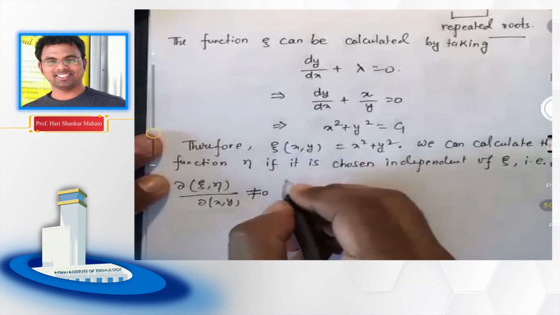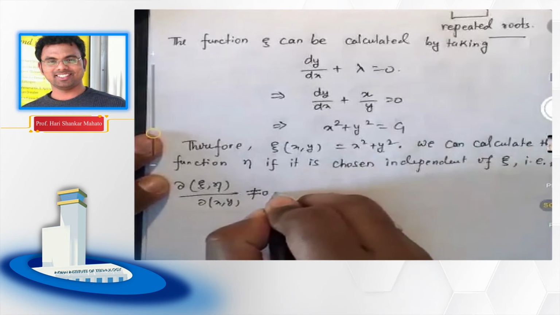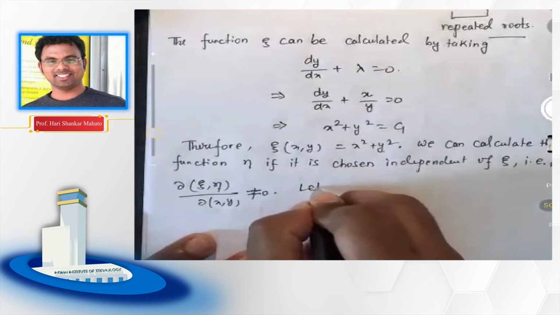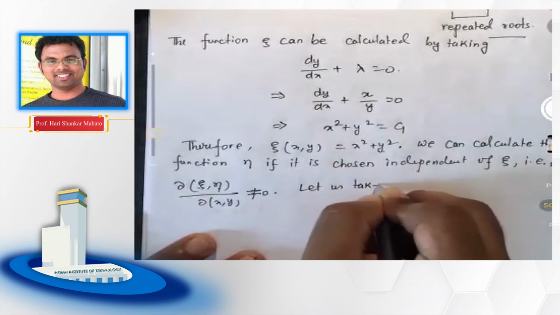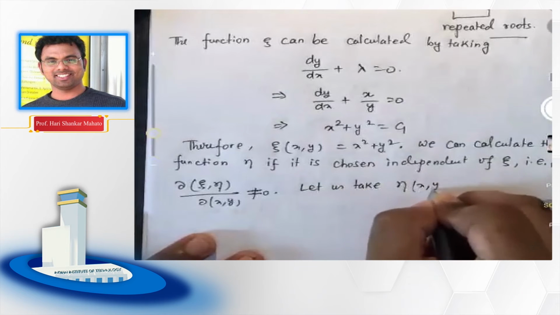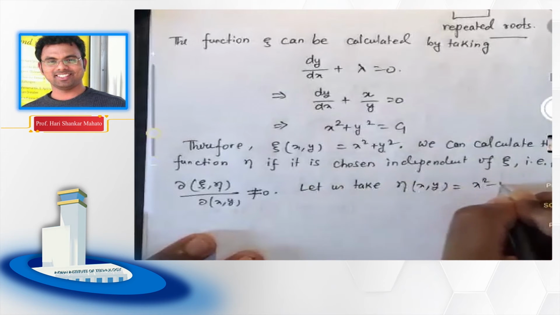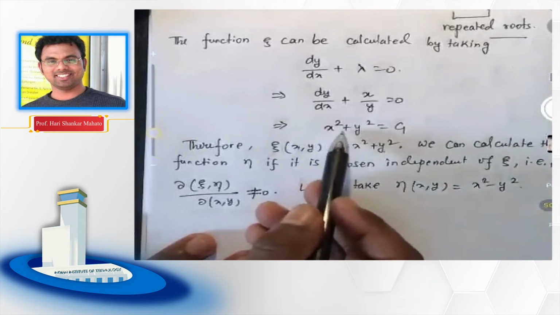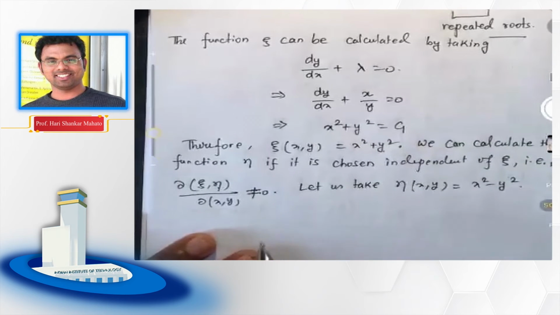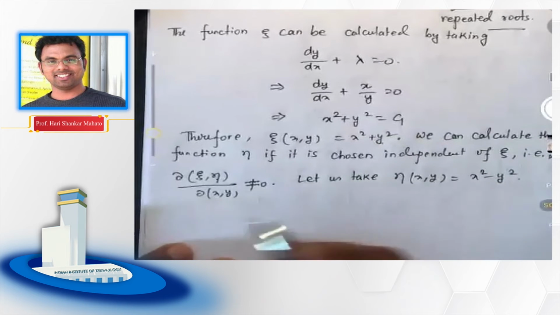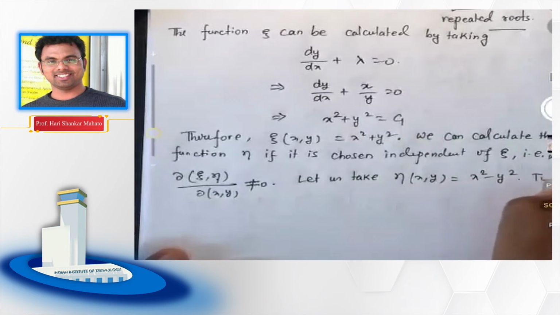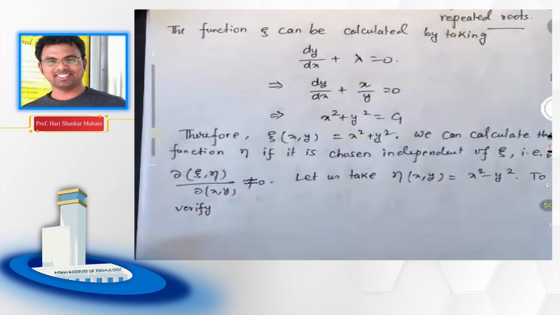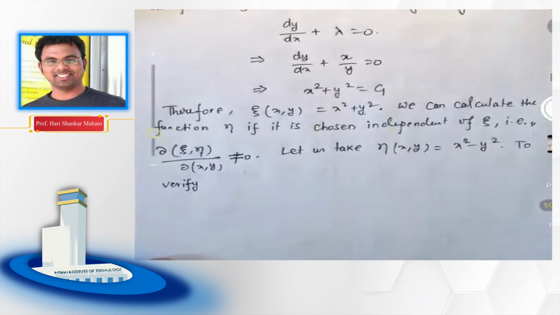So one possible choice of eta can be, let us take, eta of xy equals x square minus y square. You can quickly verify whether xi equal to this function and eta equal to this function are linearly independent or not. Just calculate this Jacobian. By the way, this verification is not required. You can do it in a side calculation.